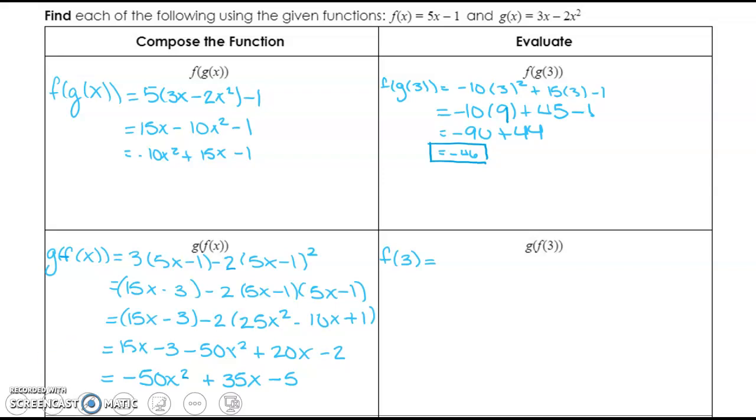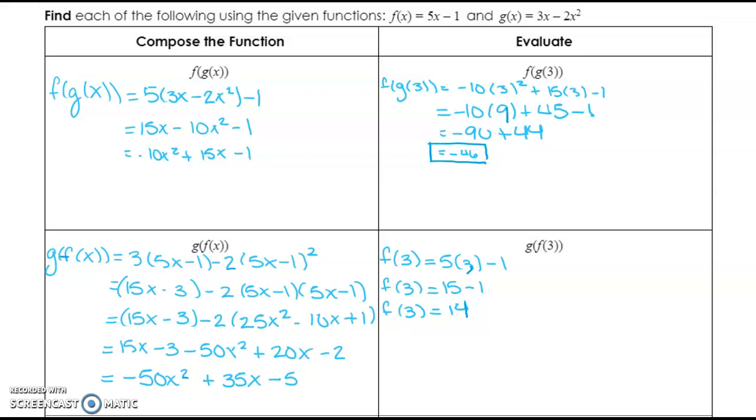So we're going to plug that in to the f of x function. So we will get 5 times 3 minus 1. And then if we were to simplify, we would get 15 minus 1, which is 14. Okay? So now we've just evaluated f of 3.